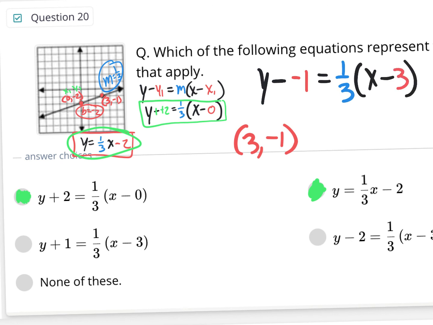So let's see if we could find this one anywhere, but just change it to a y plus 1 instead of minus minus. So y plus 1 equals 1/3 times x minus 3. That is right here. Y plus 1 equals 1/3 times x minus 3.